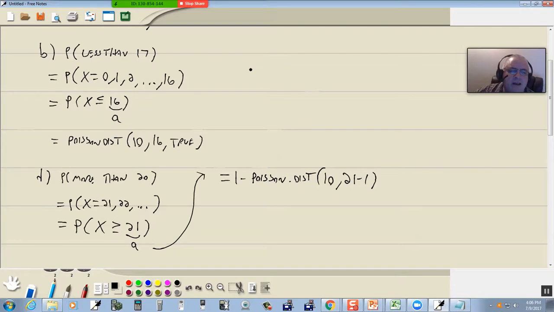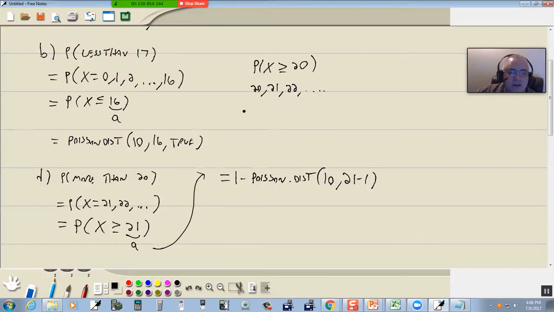If I'm interested in the probability x is greater than or equal to 20, that's 20, 21, 22, and so on. So that's what that would be.